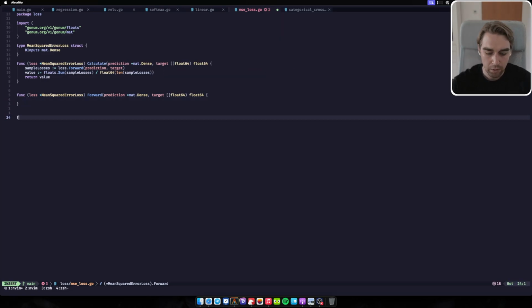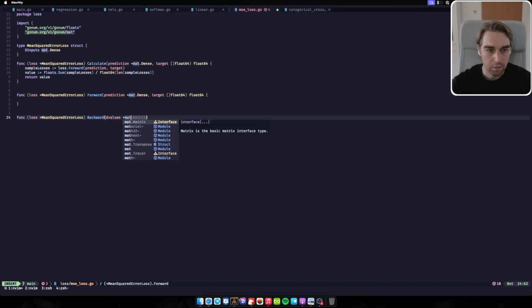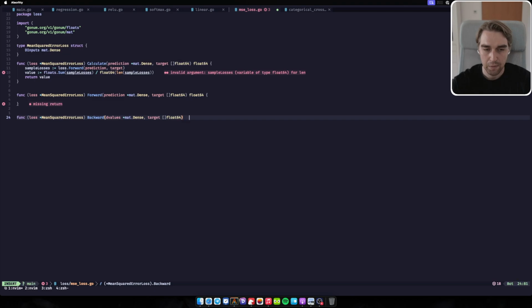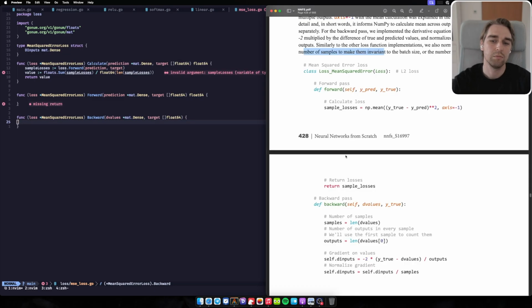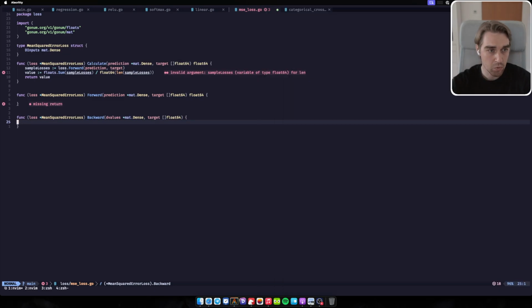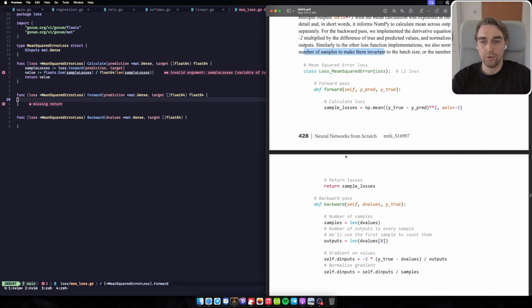And then I will have mean backward that takes d-values, again dense, and target to calculate, but no return values. So what I'm implementing, I need to return, well, actually the loss.